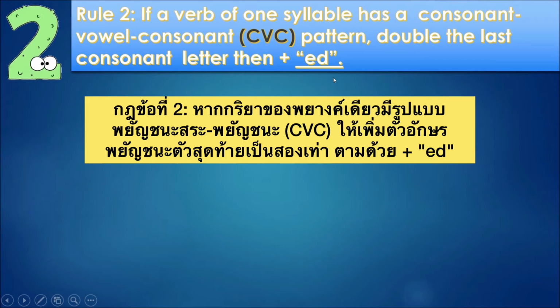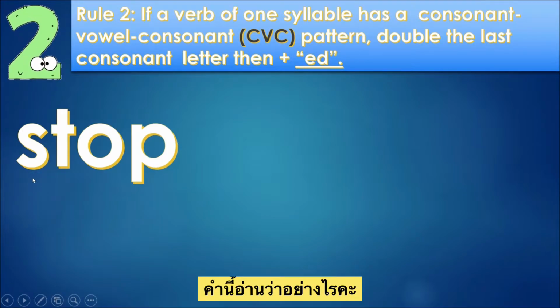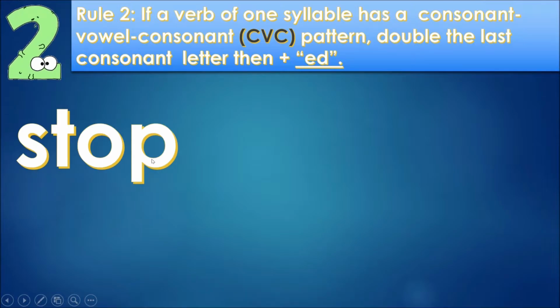If the verb is only one syllable, when you say syllable, it's the division of the sound of the word. For example here, how do you read the word? This word is S-T-O-P. This one is stop. You don't say shut up. It's wrong. This one is only one syllable.